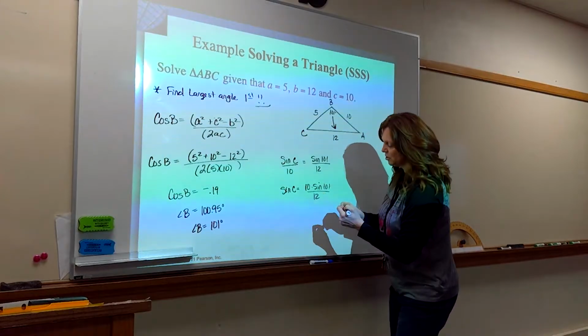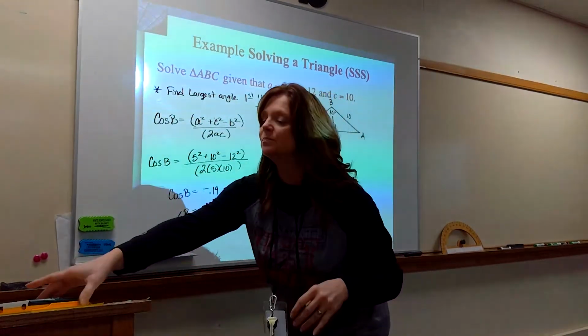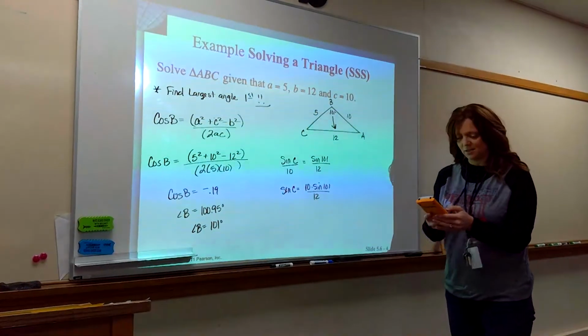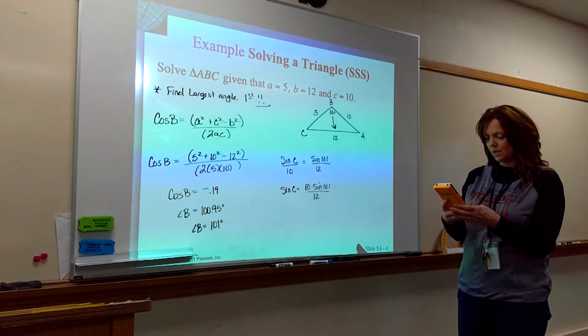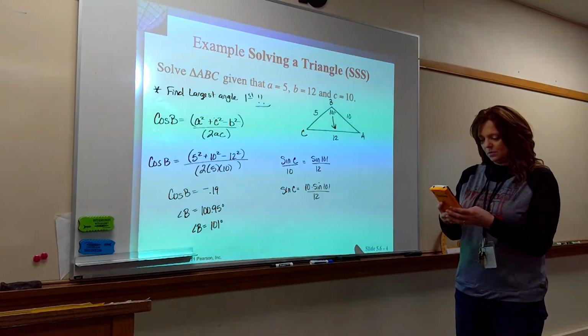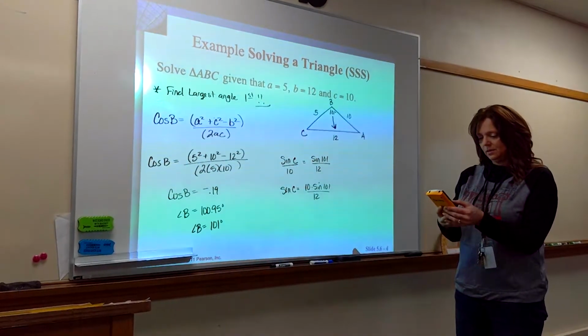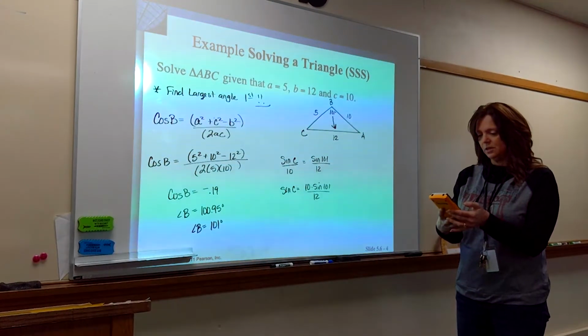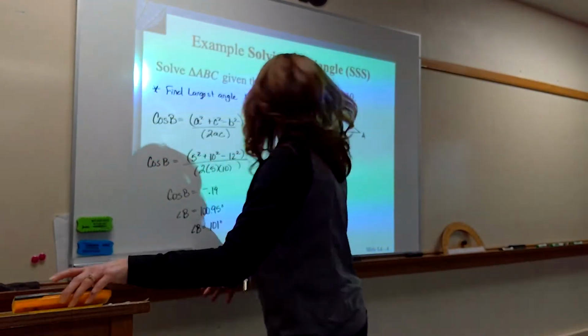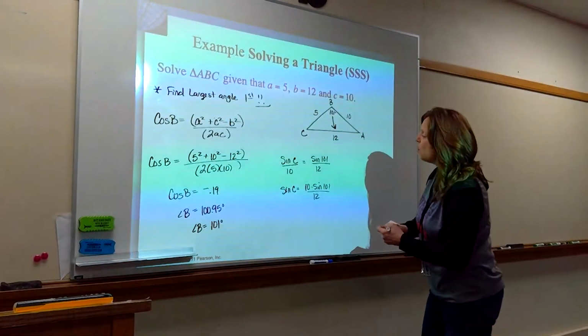Again, it'll just give you some crazy little decimal value, and so you do the inverse sine of that decimal value. Let me just quickly calculate. Sine 101 divided by 12, inverse sine of answer, gives us 55 degrees, rounding to the nearest whole number.